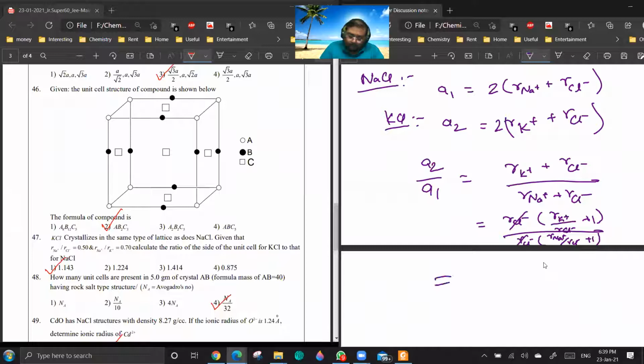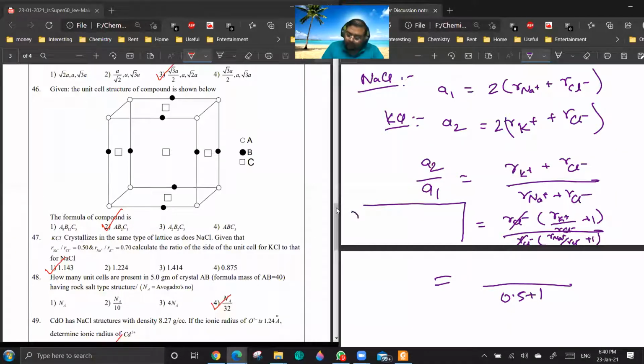This will cancel out. Yes, sir. Now you know R of Na plus by R of Cl minus, it is how much? 0.5, plus 1. R of K plus by R of Cl minus you don't know, but you know two of the ratios, so you can find the third one.